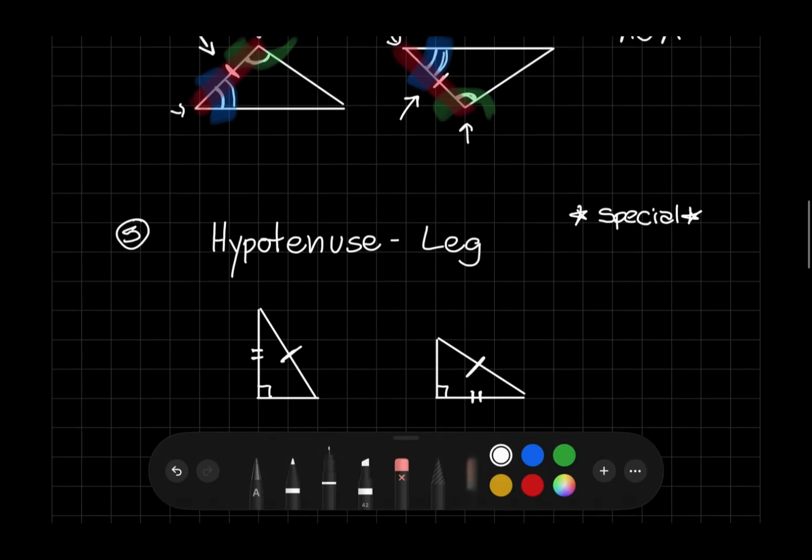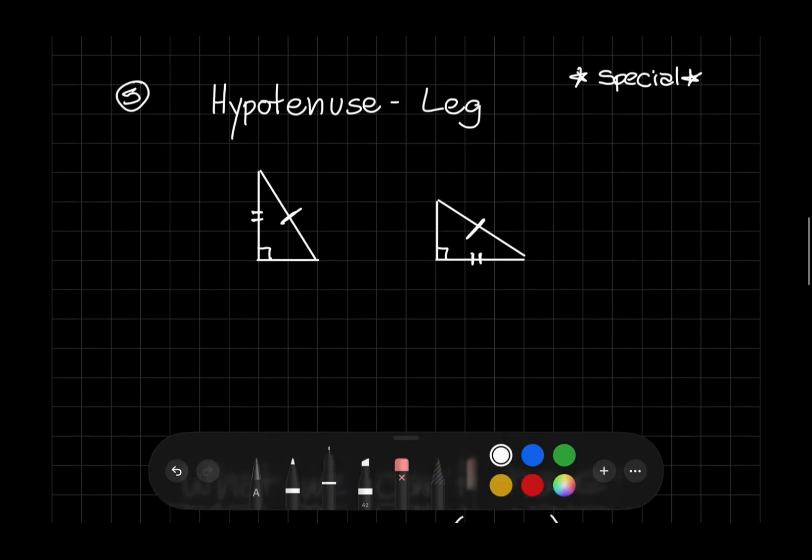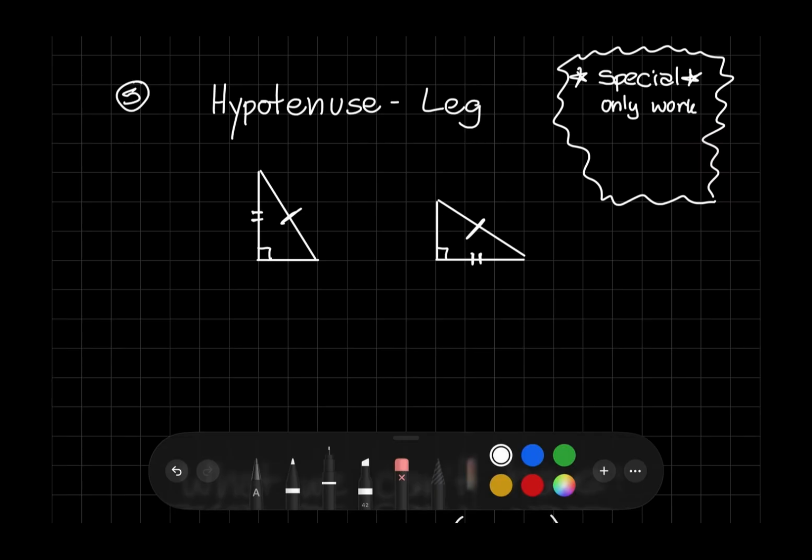Perfect. All right, now hypotenuse leg. This is special because it can only work on right triangles.